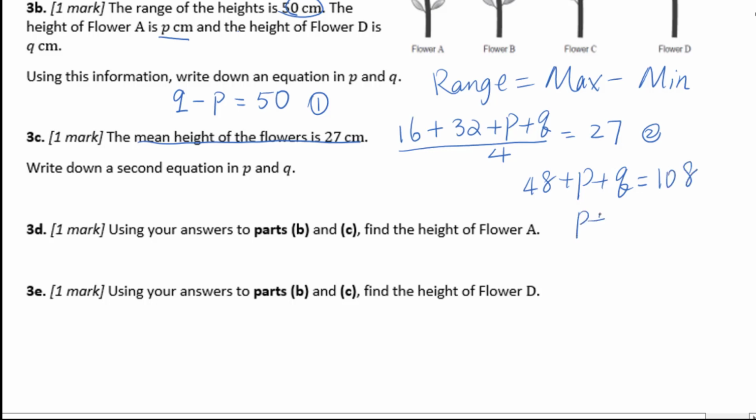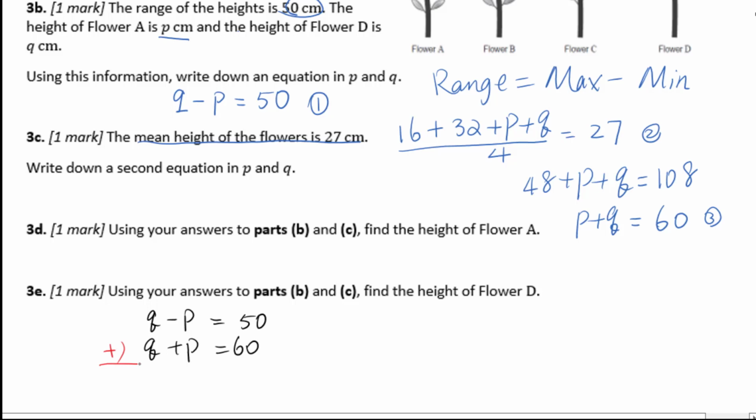So P plus Q equals 108 minus 48, which is 60. We already have the first equation, Q minus P equals 50. For the third equation, let's write Q plus P equals 60.